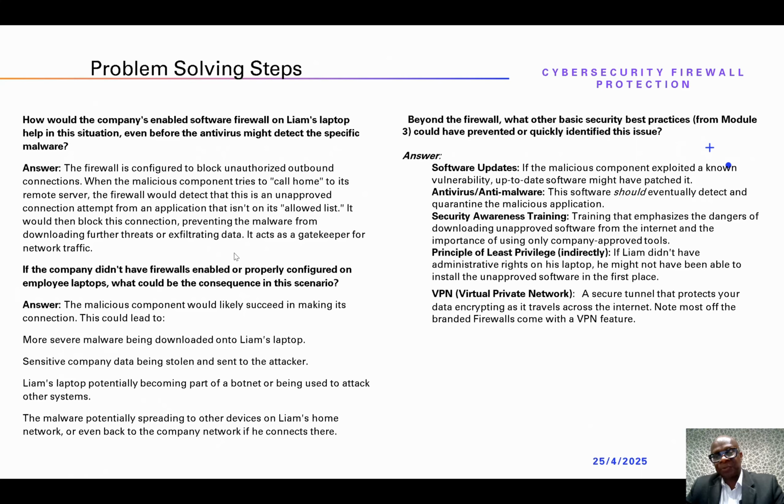Now you've got the principle of least privilege, which is part of the training course, which says if Liam doesn't have administrative rights on his laptop, he might not have been able to install the unapproved software in the first place. So the administrator of every company or every organization, including a home network, should have admin rights, the privilege of control over the network system.